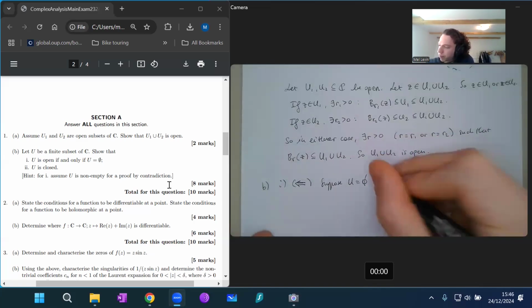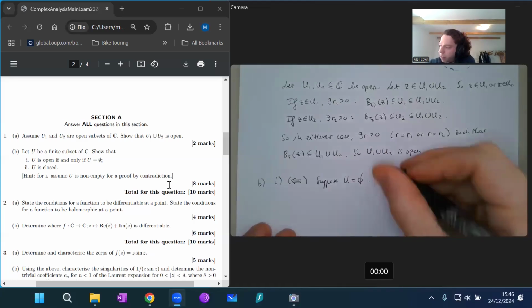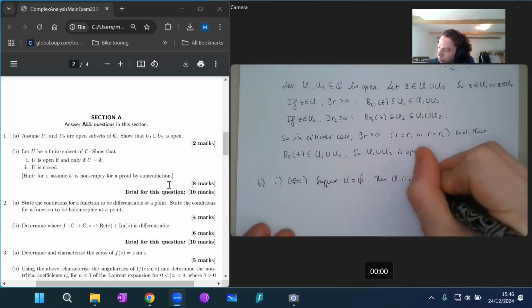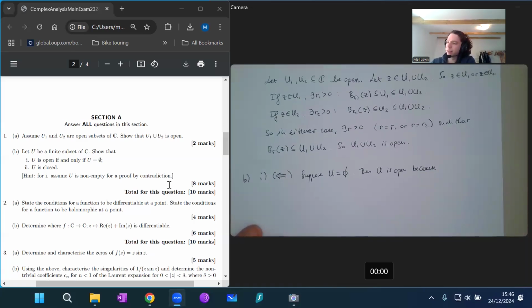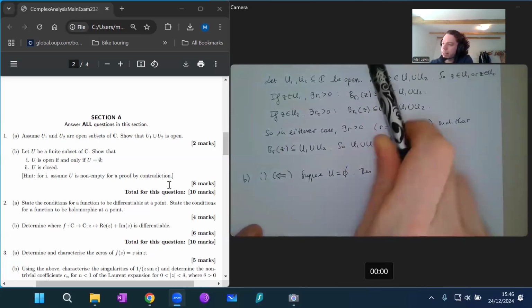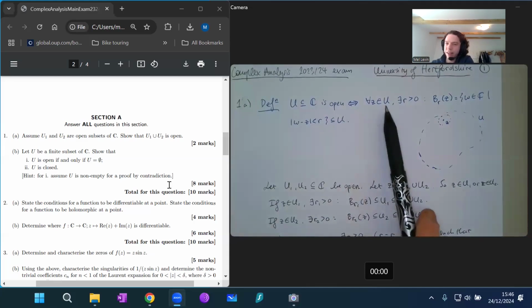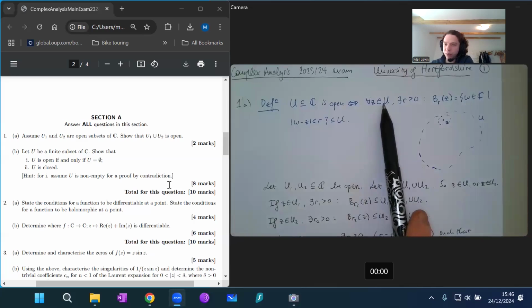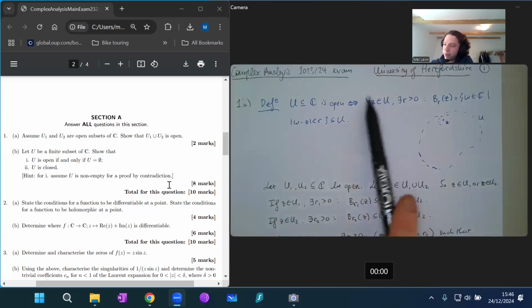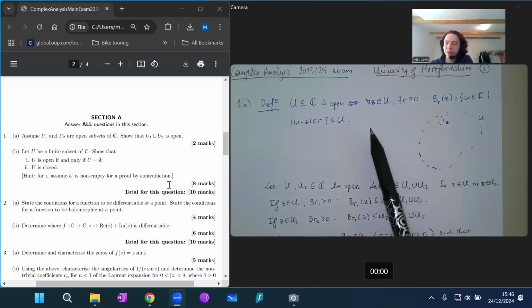Well, the empty set is automatically open, because any condition on the open set that starts with for all Z in the open set is going to be true, since there isn't a Z in the open set. So there's no condition to check.